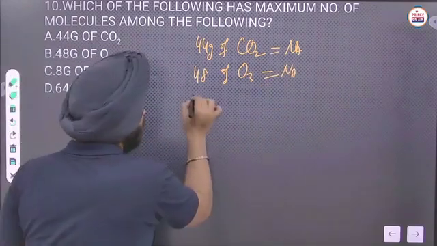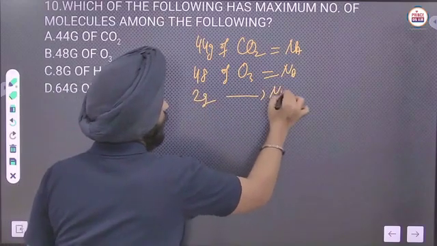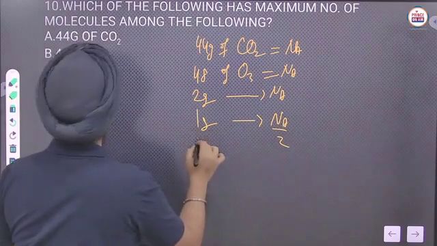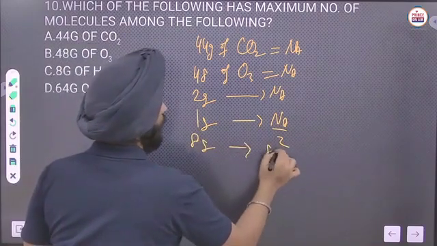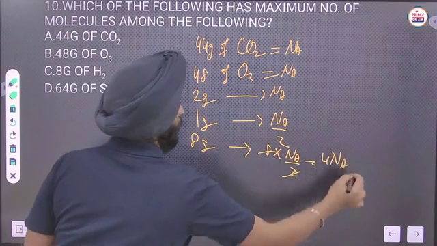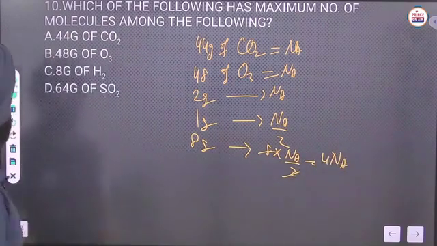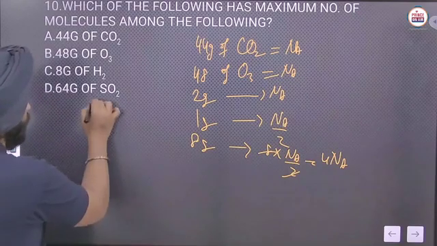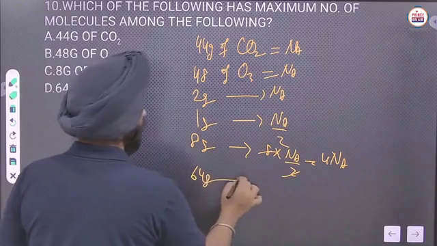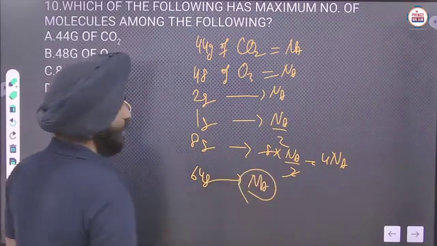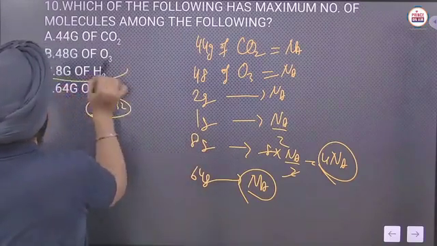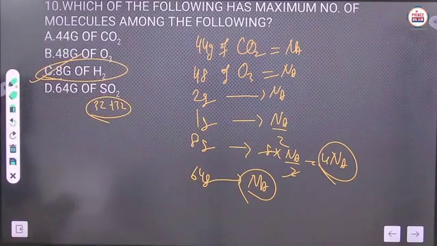For hydrogen, 2 gram will contain Na, 1 gram will contain Na upon 2, and 8 gram will be 8 into Na upon 2, which comes out to be 4 Na. Na is Avogadro's constant. Sulfur 32 means 64, so 64 gram of it will also contain Na. So which one has more? 4 Na in the case of hydrogen. So the answer is C here.